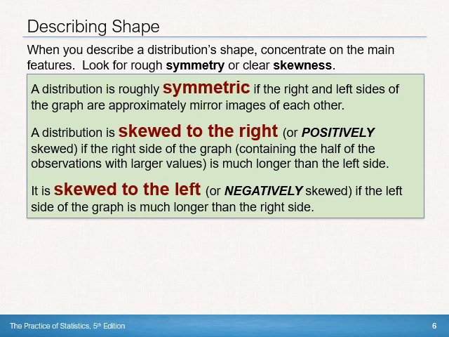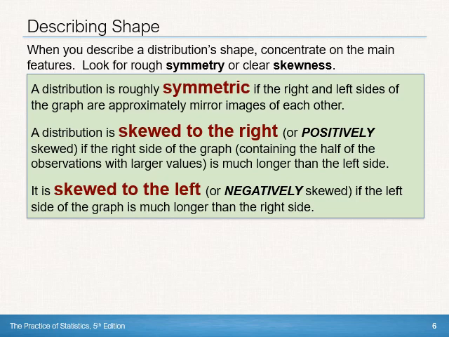Okay, skewed right or positively skewed means that the tail, or sort of the right side of the graph, is longer than the left. If it's left skewed or negatively skewed, because if you think of a number line, the number line goes to the left and it's negative when it goes in the negative direction.